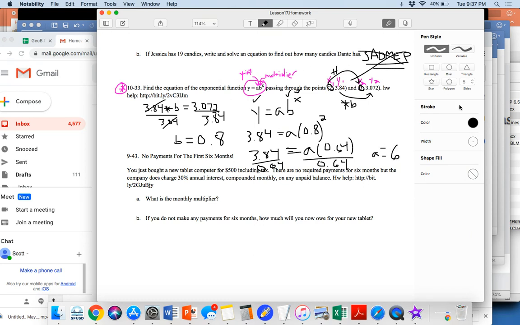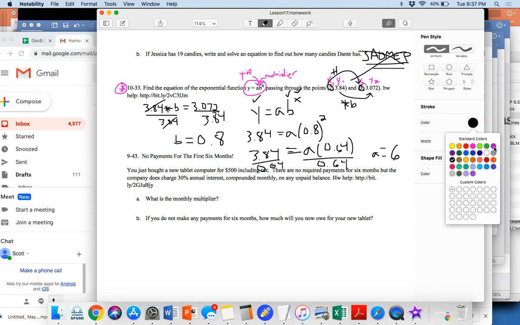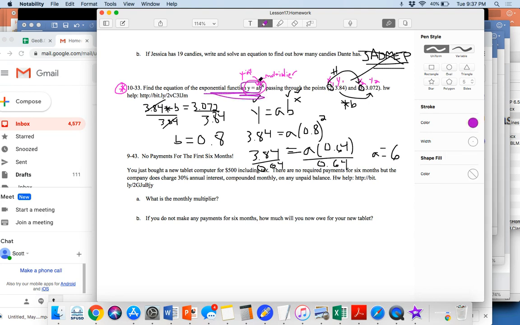No, we need to find the equation in this form. So let my final answer be in purple. Let's get in this form right here. So we're going to do y equals, remember, a function is a relationship between x and y that has one output for an x, sorry, for a y. For any given input x that goes in the function, we'll have at most one output for y.